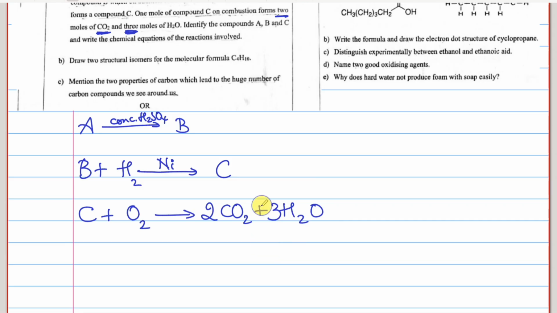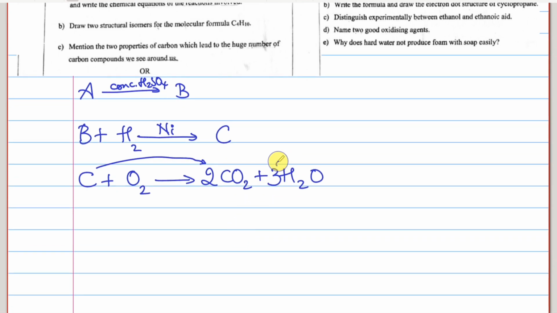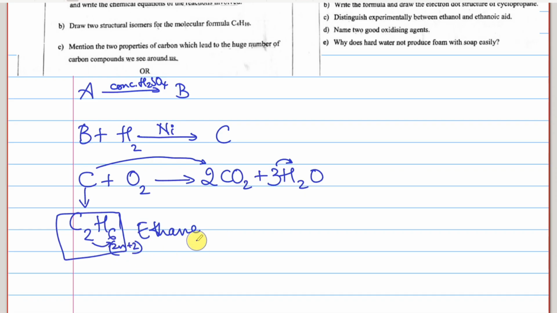So this means C should have 2 carbons within it, right? So 2 carbons, and how many hydrogens does it have? 3 times 2, 6 hydrogens. So this C must have the formula C2H6, and we know that C2H6 is nothing but ethane, because double of 2 would have been 4. So 4 plus 2, 2n plus 2, this formula is being used. So it is ethane.